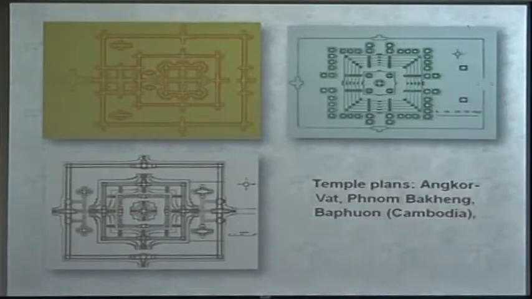This is Angkor Wat. It is highly geometric, and obviously based on a clearly defined mandala. This one is Phnom Bakheng. I'm sorry, I can't pronounce it correctly, but it is on top of a mountain from which you can see Angkor Wat temple, though it was actually built earlier, not after. So you can admire the geometric layout.